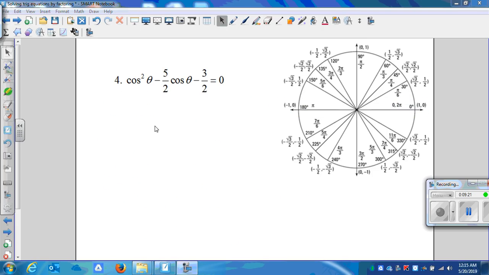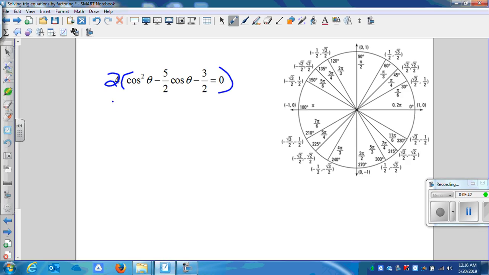Number 4 looks a bit more complicated because of the fact that it has a fraction involved. I can eliminate the fractions right off the bat by multiplying by the greatest common factor from the denominators. I see 2's on the bottom of these fractions. If I multiply the entire equation by 2, I can make those fractions go away.